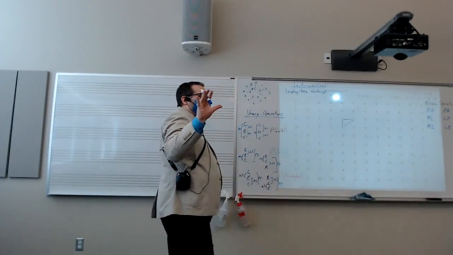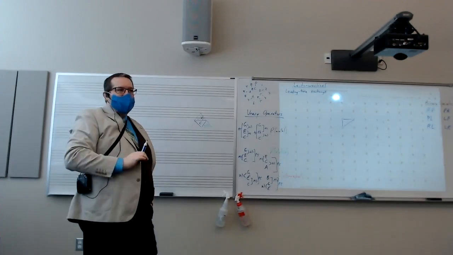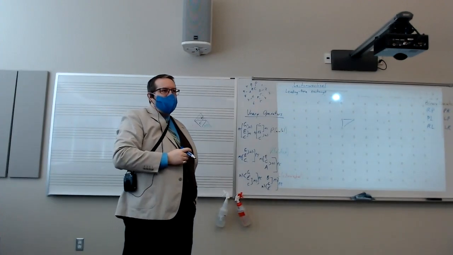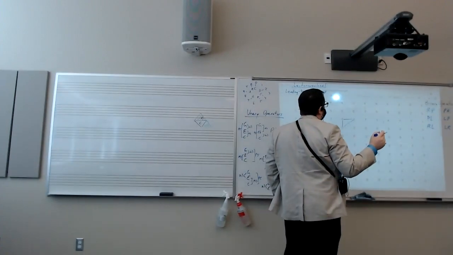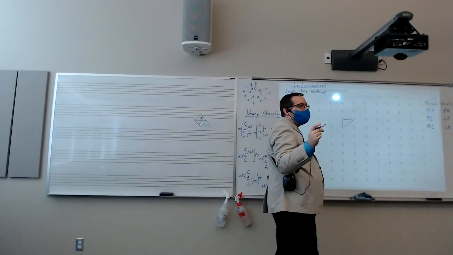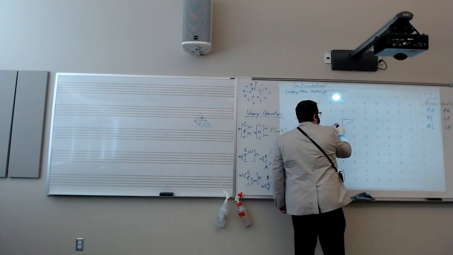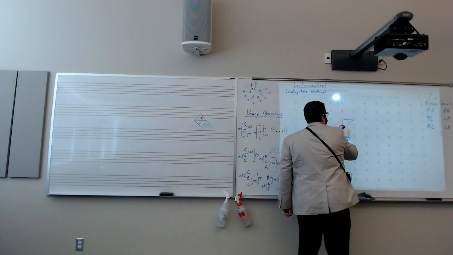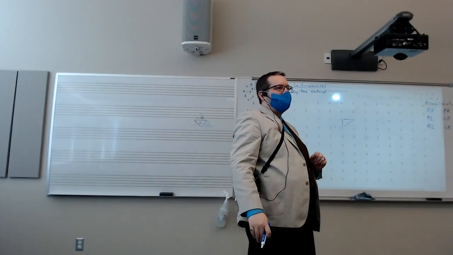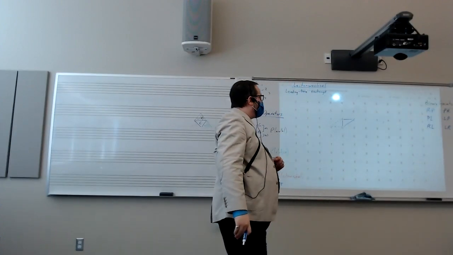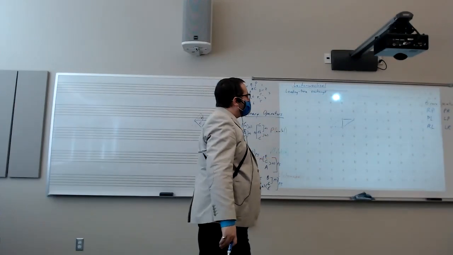All right, let's apply an RP operator to C major. So we're going to trace our R first. Here we go. And then we're going to apply P to that. 9, 1, 4.